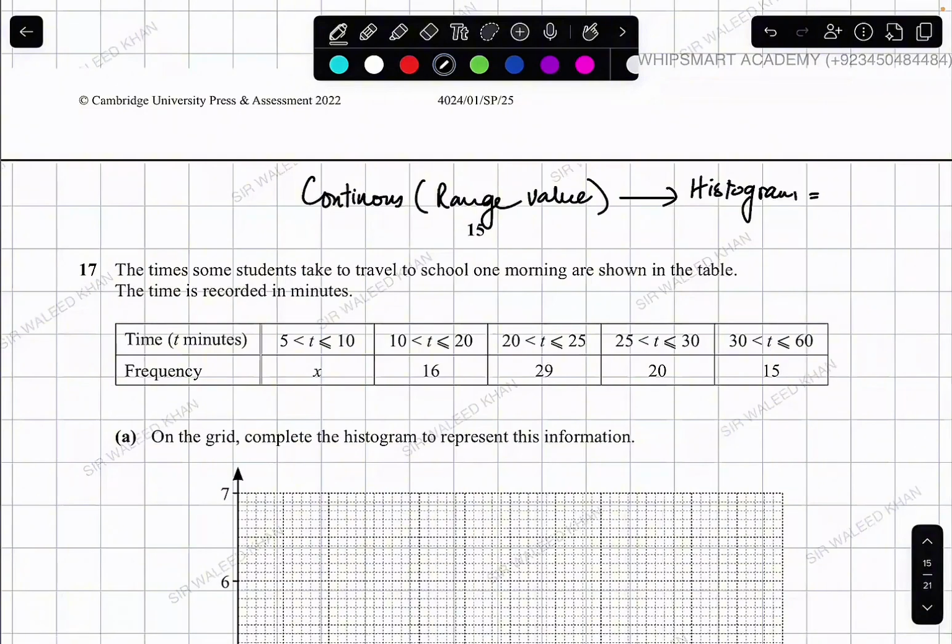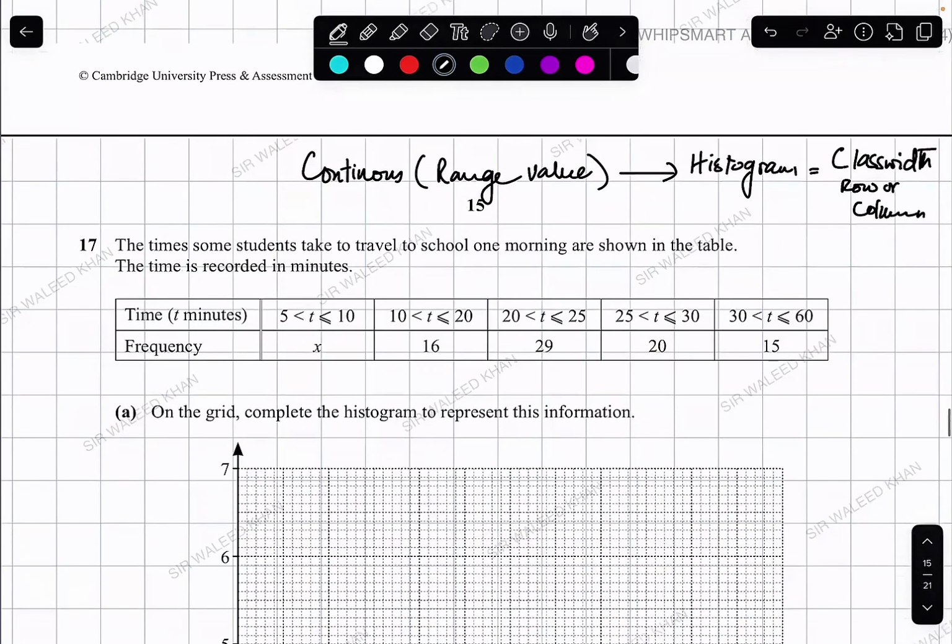The first thing you have to do is make a class width row or column. Okay. So over here I can make a row for class width. What is class width? Class width is the upper limit in a class interval minus the lower limit. So 10 minus 5, we have 5.